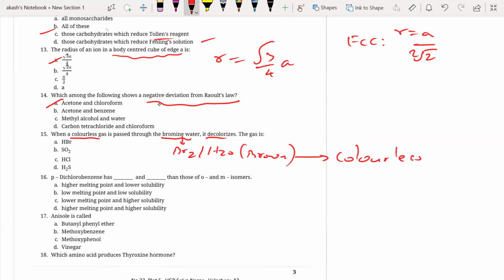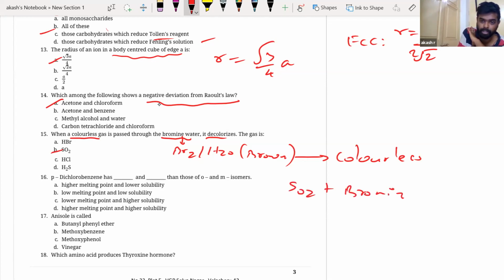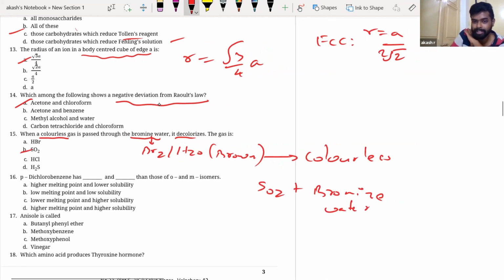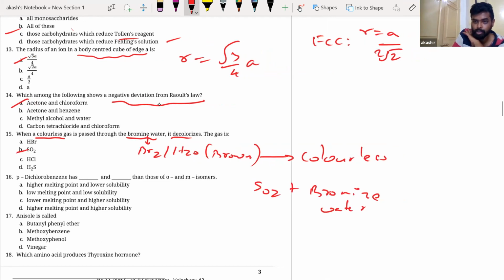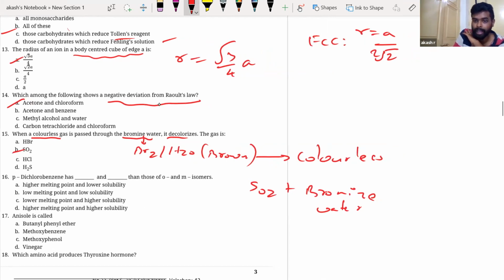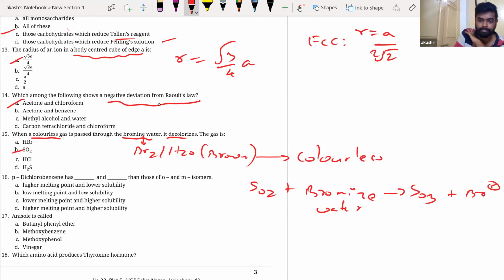SO2, definitely. Bromine water is a slight oxidizing agent, so SO2 will form SO3, and Br2 will get reduced to Br minus. So obviously this is going to become colorless. So the correct answer would be SO2.